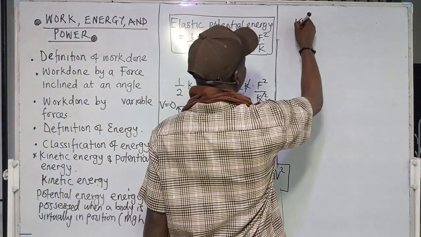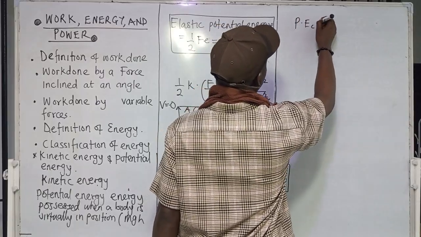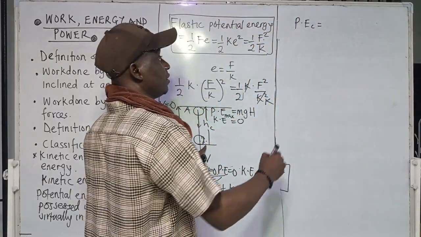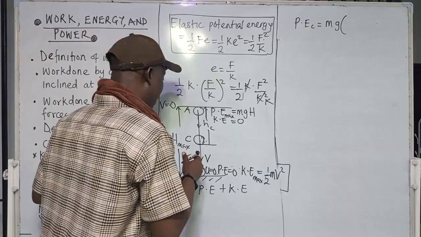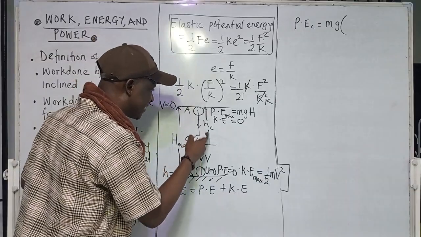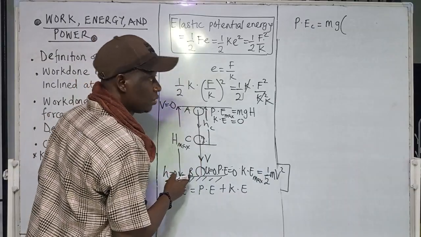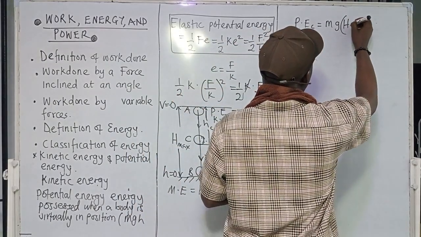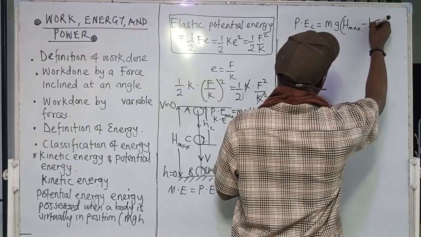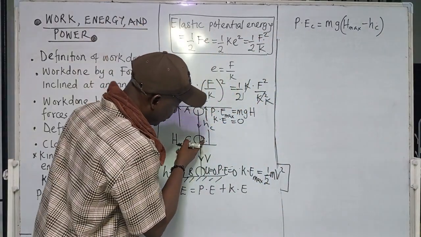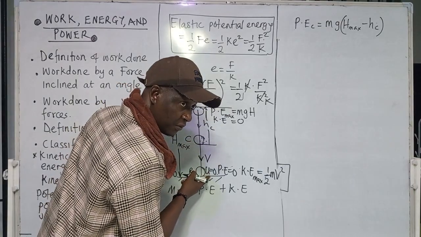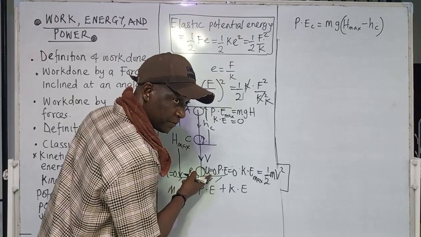PE at point C is equal to mg, and you remove this small one from the h max, so you have h max minus hC. That is the potential energy for you, because you need to know the height from here to this place. That's what you use to calculate potential energy.